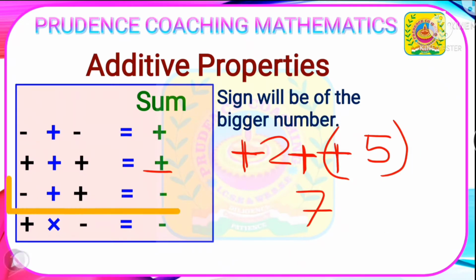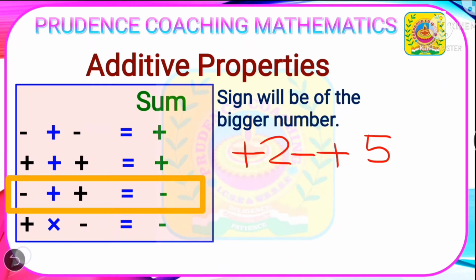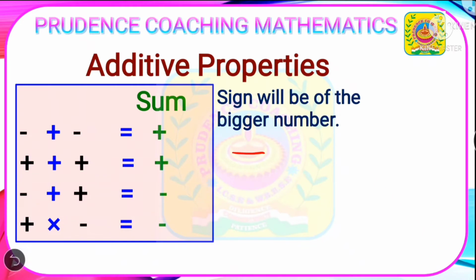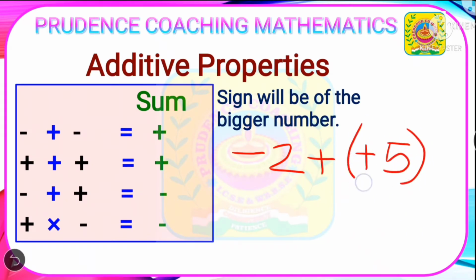Next property is minus plus plus. So let us see this. So we have minus 2 and we have plus plus 5. You can write only 5 also. Okay, now you see. So here the sum will be negative. So 5 minus 2, you will get what? You will get 3. And the sign of the bigger one is plus here. So your answer will be plus 3 here.